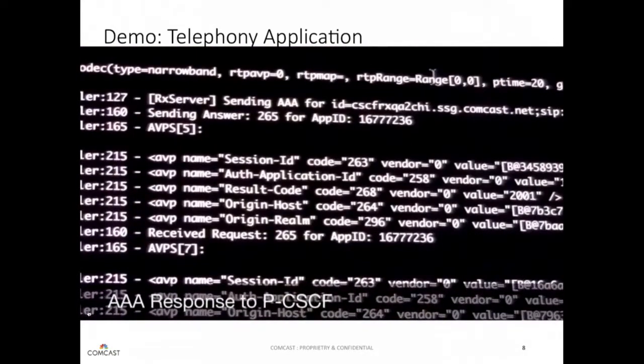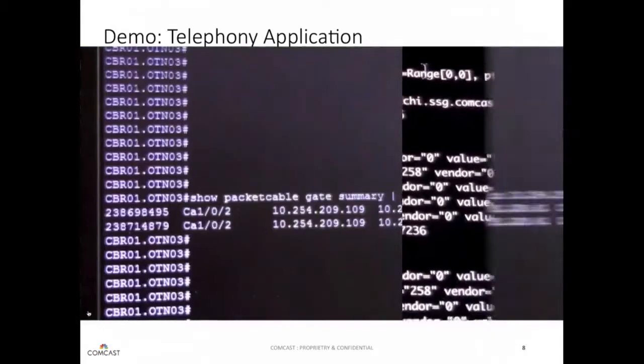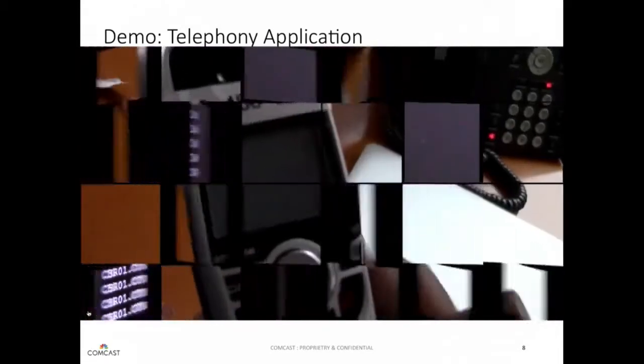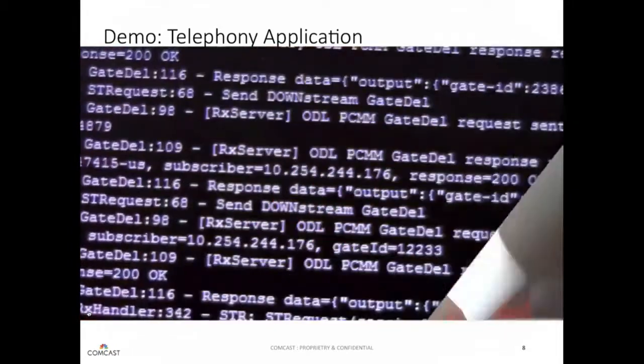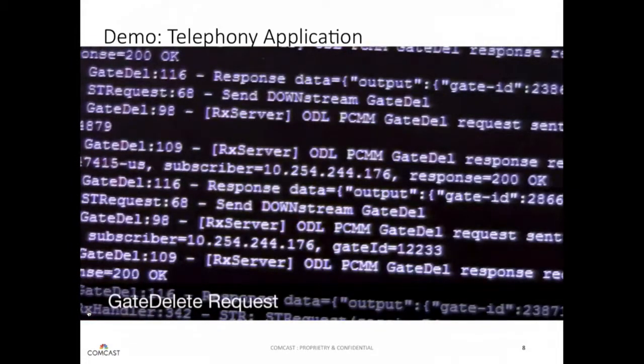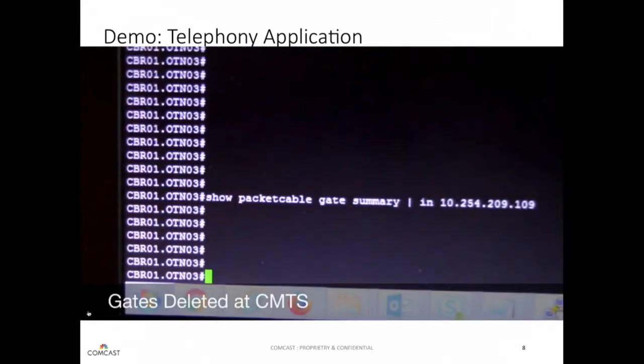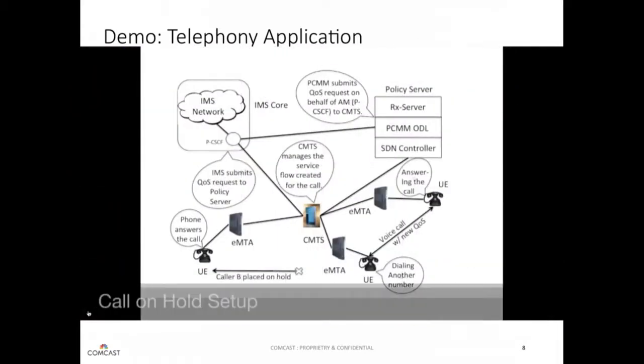And here you can see that upon the CMTS successfully acknowledging the request, the AAA is sent, and at the actual CMTS, you can see the quality of service gates established for that particular call. Ending the call triggers STR requests, which trigger two gate delete requests. And here you can see that all the gates are being cleared upon ending the call.